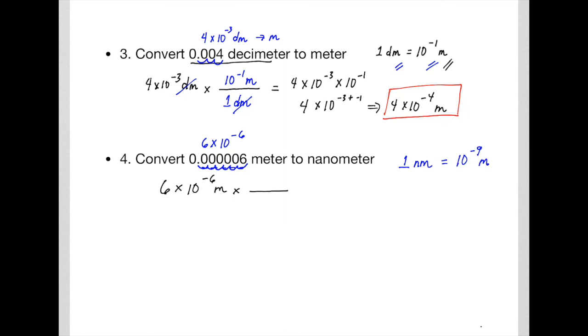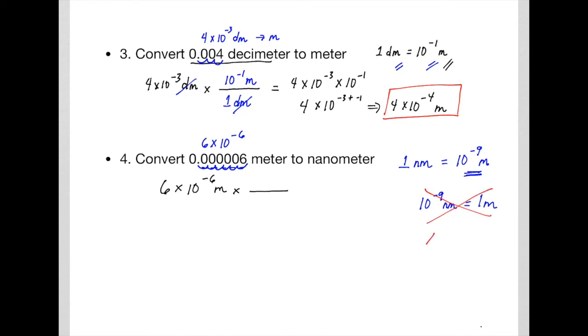Now, let me re-emphasize that 10 raised to negative 9 must always be with the base unit. If you write it like this, 10 raised to negative 9 nanometer is equals to 1 meter, definitely this is totally wrong.